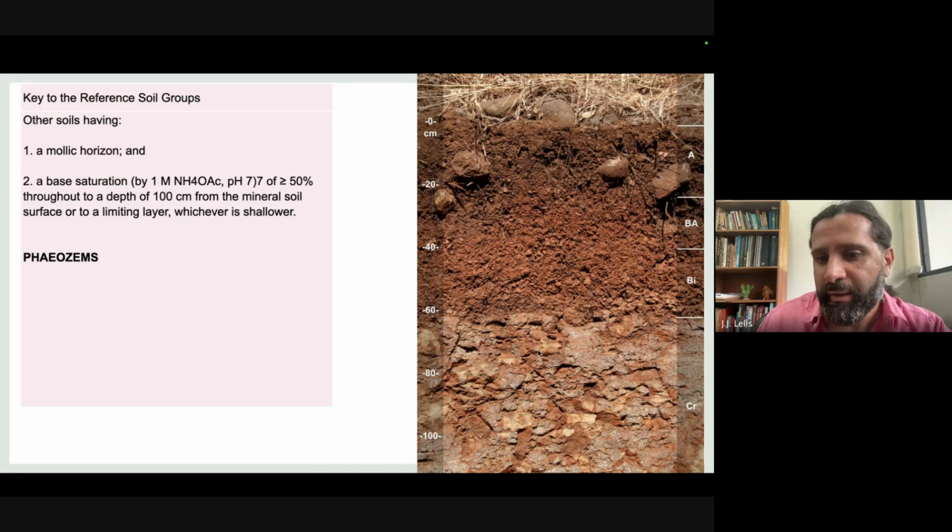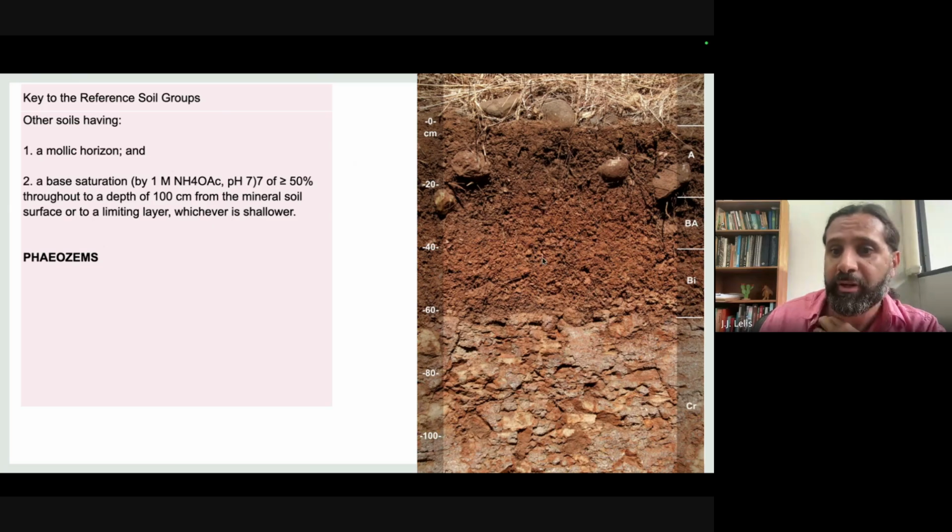Again, here we have in the first 20 centimeters the mollic horizon with darkish colors, with strong grade, with high base saturation and a high organic carbon content, but it's not a chernic horizon. And a base saturation that should be equal to or higher than 50% below the mollic horizon, and up to the first 100 centimeters, or a limiting layer. We can register here below this mollic horizon a high base saturation. Here we have a CR horizon that shows some obliteration of the rock, but we can see some pieces of rock, so we can ignore this section. And here in this section is the Bw horizon.